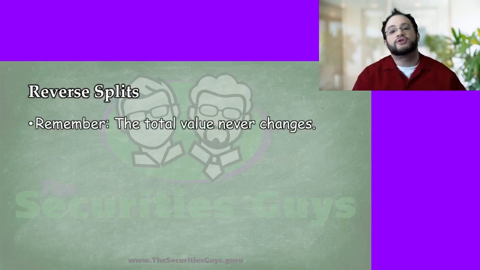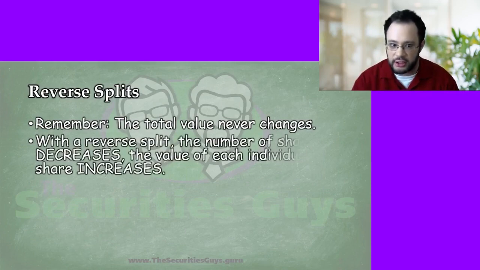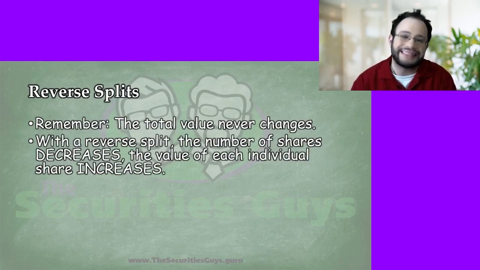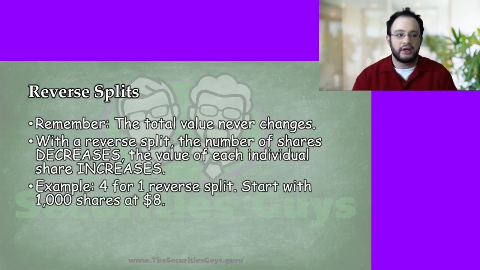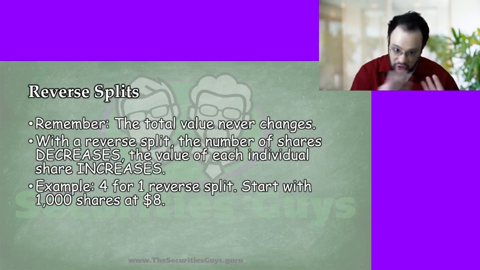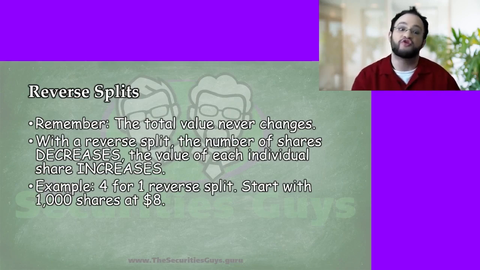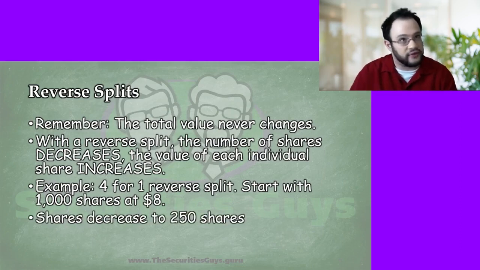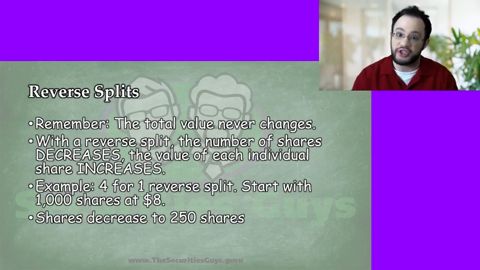Reverse splits. The total value still never changes. With a reverse split, the number of shares is decreasing, but the value of each share is increasing. Example of a 4-for-1 reverse split. If we start with 1,000 shares at $8, every 4 shares becomes 1, so we have 250 shares afterwards.